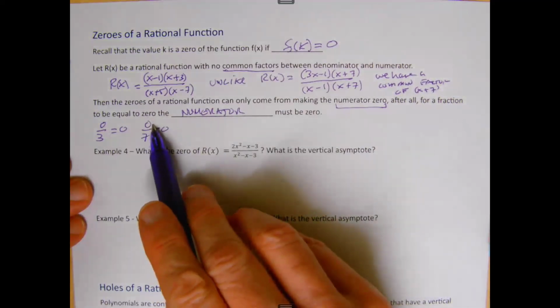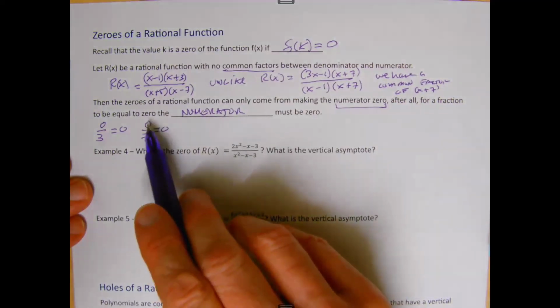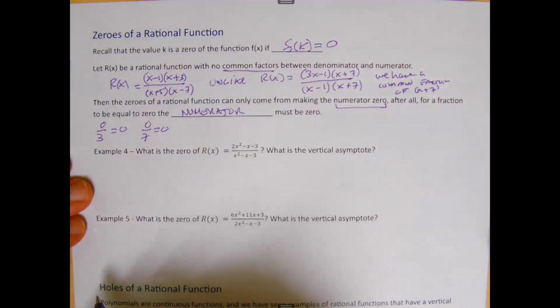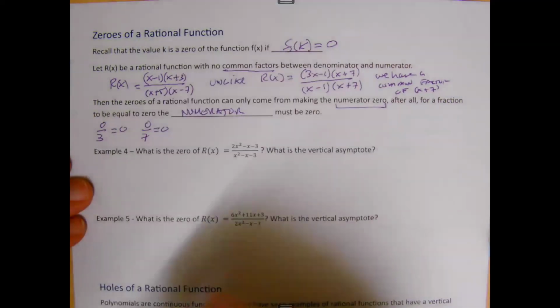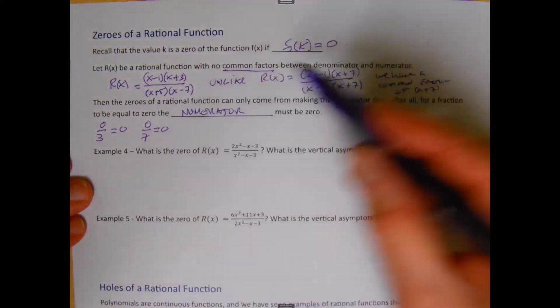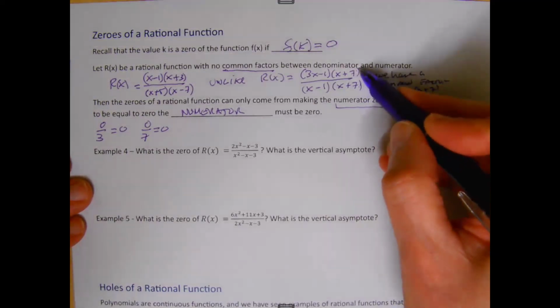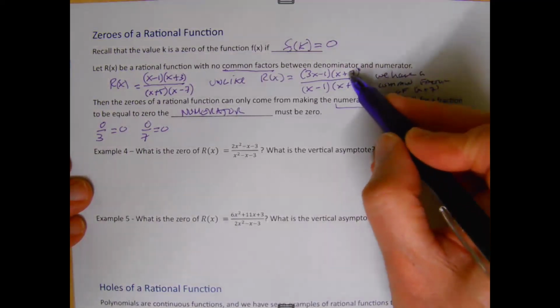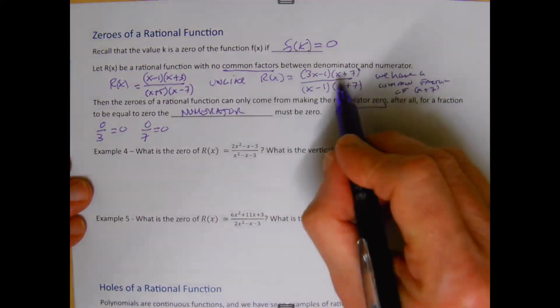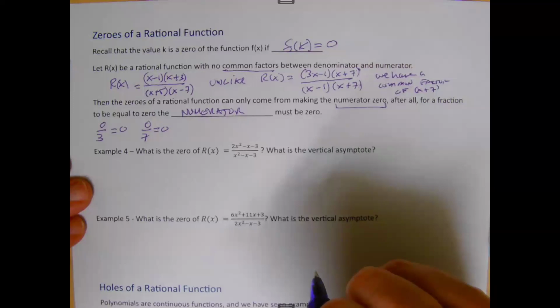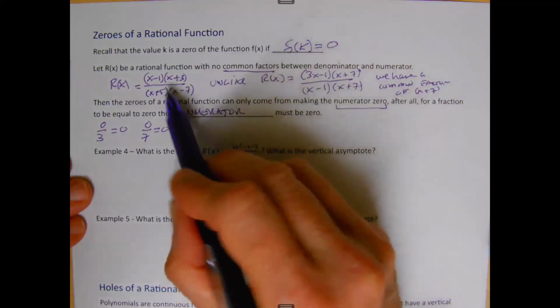So the only way you can have 0 is if the numerator is 0, not the denominator. And in order for this to happen, I cannot have this situation. If I have a common factor, then this will not be it. So negative 7, for example, will not be a 0. We have to have a situation like this.